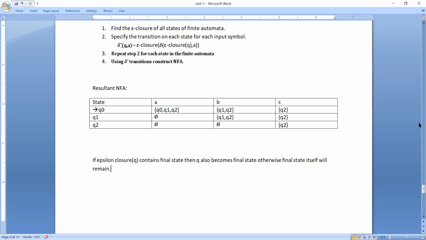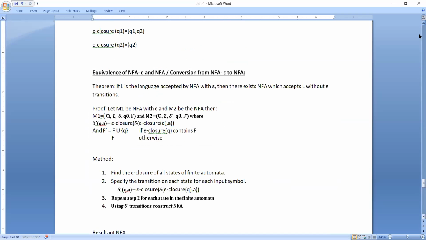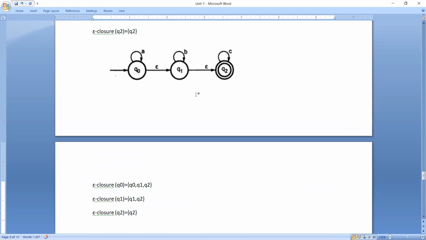Let's check. I think we have already written the epsilon closure for Q0, Q1 and Q2. Have a look at this. Epsilon closure of Q0 we have written. Epsilon closure of Q1 we have written. Epsilon closure of Q2 also we have written.